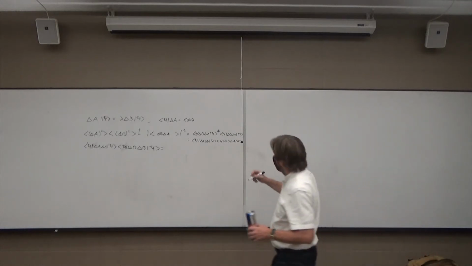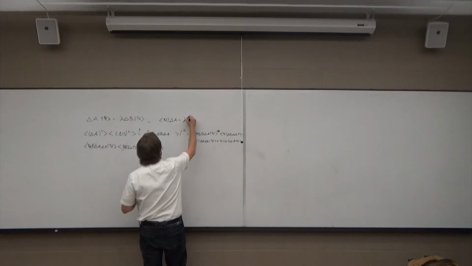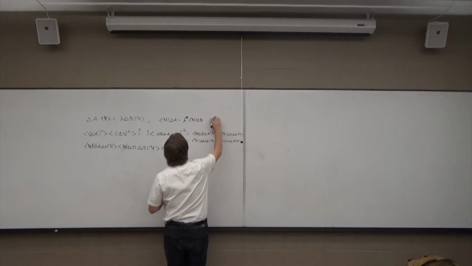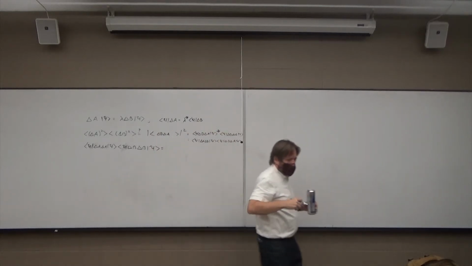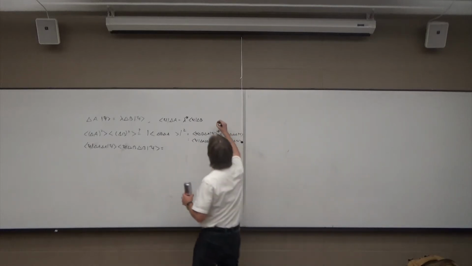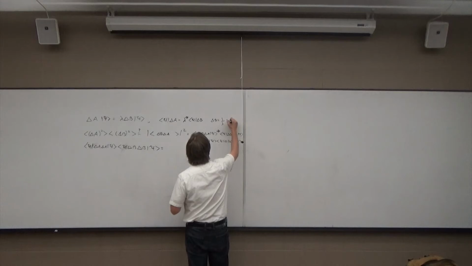So you have delta B, delta A. So the first thing is, okay, what's the other one I have? psi, bra, delta A to lambda star, bra psi, delta B.